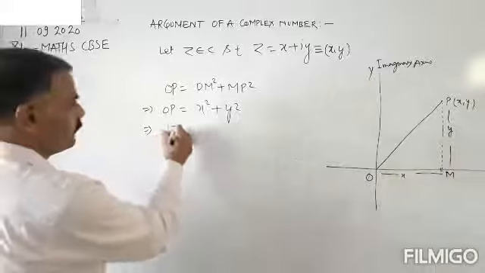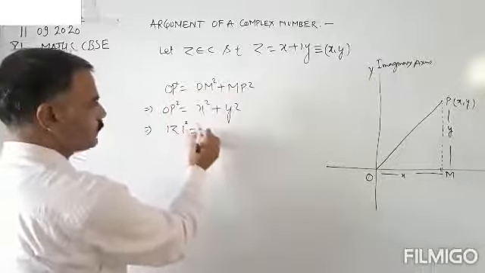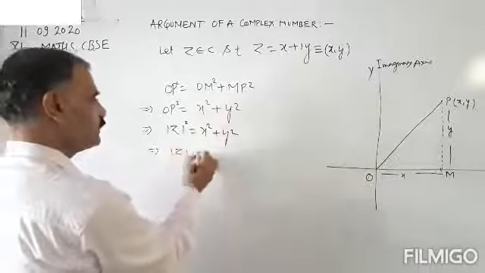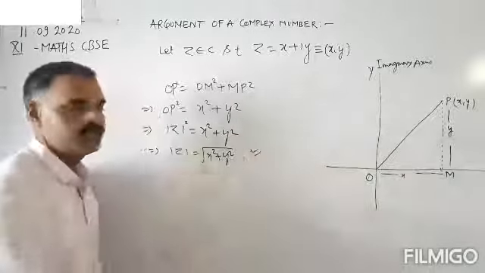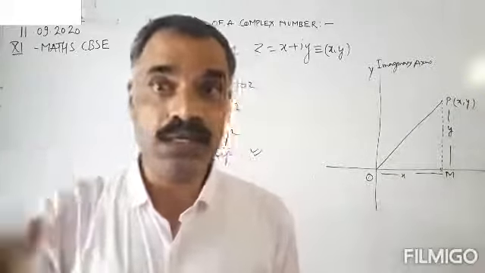So OP squared is equal to modulus z squared, which equals x squared plus y squared. So modulus z equals under root x squared plus y squared. This is called the magnitude of the complex number.